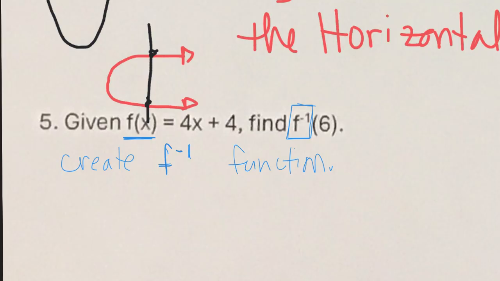So how do we find an inverse? Well, you switch your x and your y and you solve for y. So x minus 4 equals 4y. So x minus 4 divided by 4 is your inverse function.